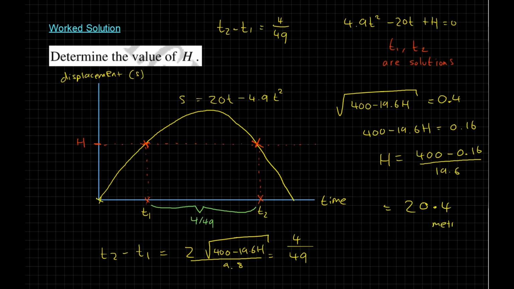That's our value for h. Okay, so the final height is 20.4 meters. That's what this value was here the whole time, 20.4. So for exactly 4 over 49 seconds, this object is going to be above a height of 20.4.